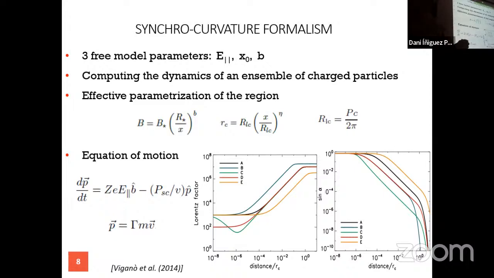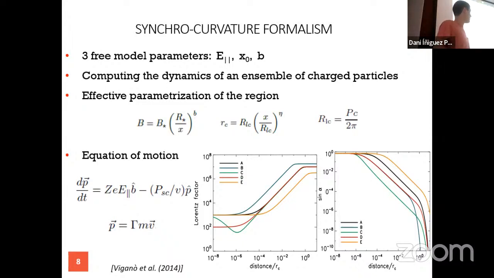Then, in this way, with this equation of motion, we get the evolution along the region of some relevant kinetic quantities. For instance, you can see here how the Lorentz factor of the particles increases with distance, so particles are being accelerated.